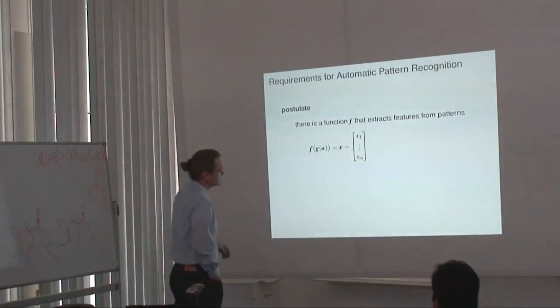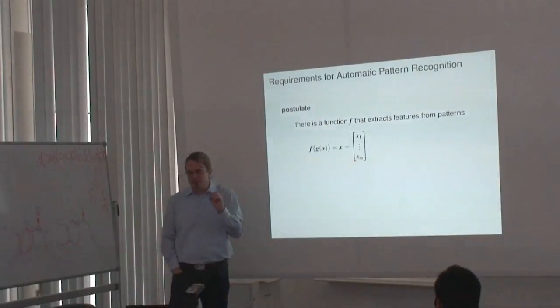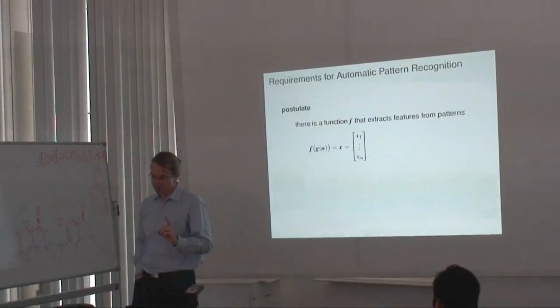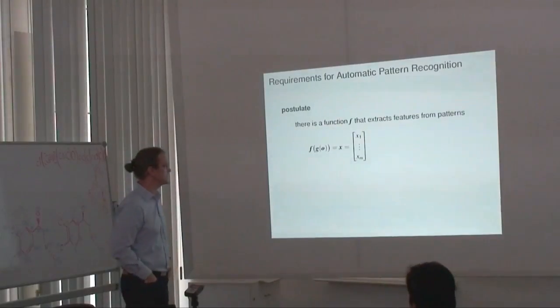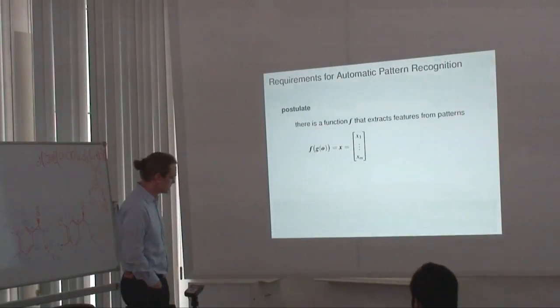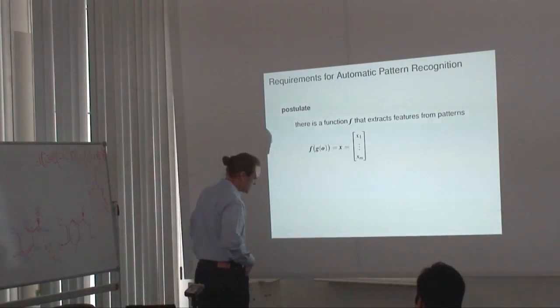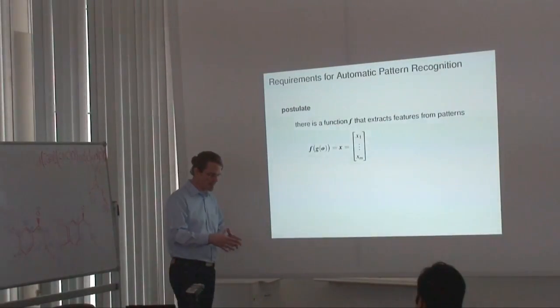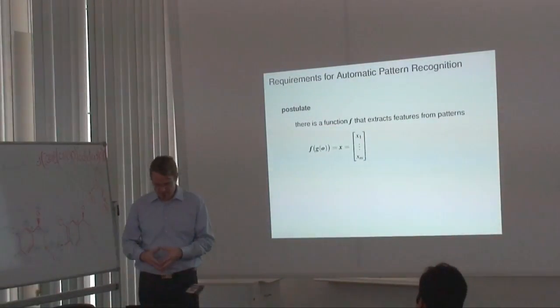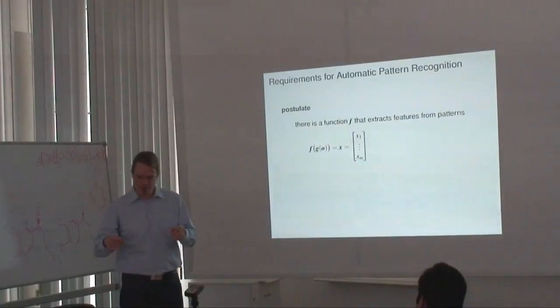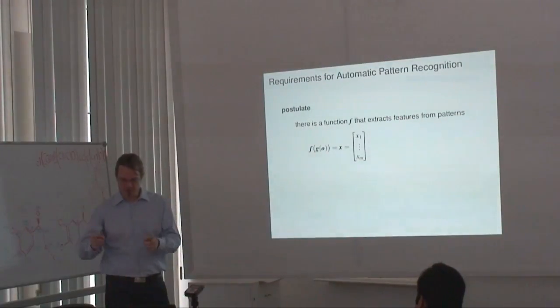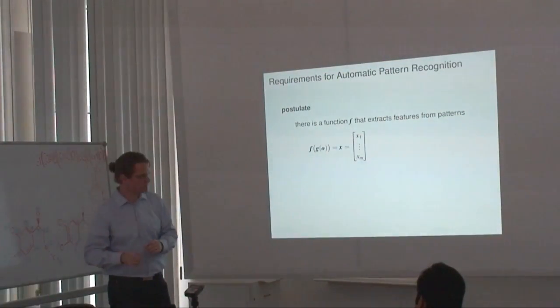And again, we can think of this from the point of view of mathematics. We can think of features as something that results from applying a function to a pattern. Right?